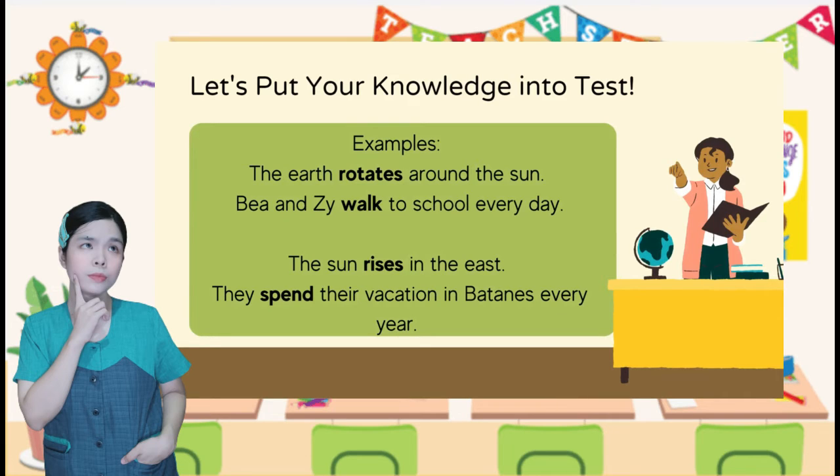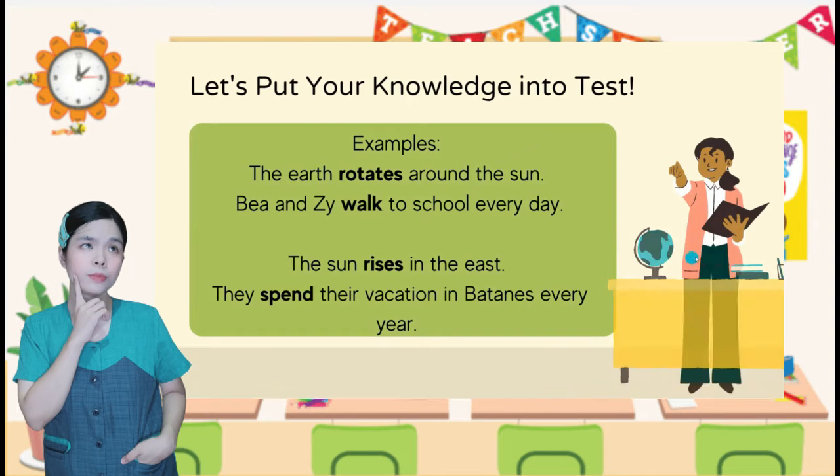Next, if the subject is plural, we are just going to what? Use the base form of the verb. Great job. Shall we proceed now to the next simple tense of the verb?